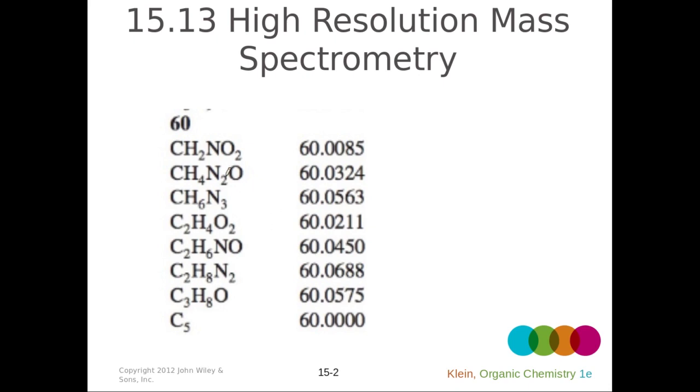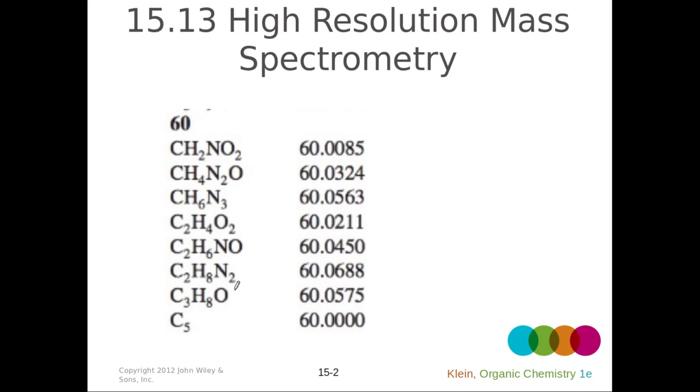So if we had a molecular formula where a low-res instrument would tell us the molecular weight was 60, we can have all these potential different molecular formulas. 60 AMUs can represent CH2NO2, which weighs 60.0085, or CH4N2O, which weighs 60.0324, or CH6N3, which weighs 60.0563, and so on.